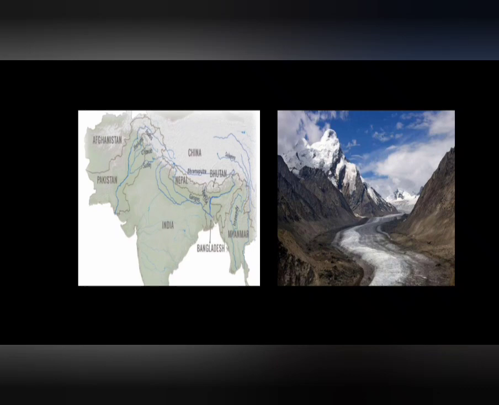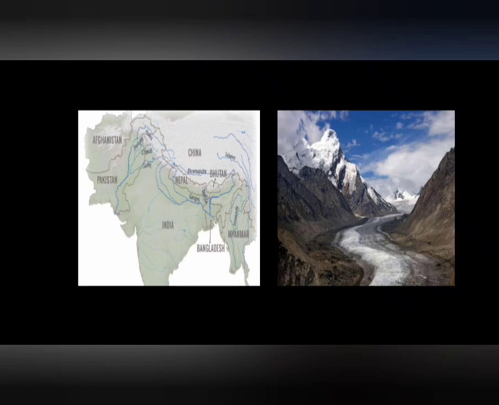If we look into the course of the Indus River, you can see the blue lining. The blue lining indicates the river Ganga and the river Brahmaputra. And if you look to the north side of India, we can see the river Indus. It flows down towards Pakistan and drains into the Arabian Sea.